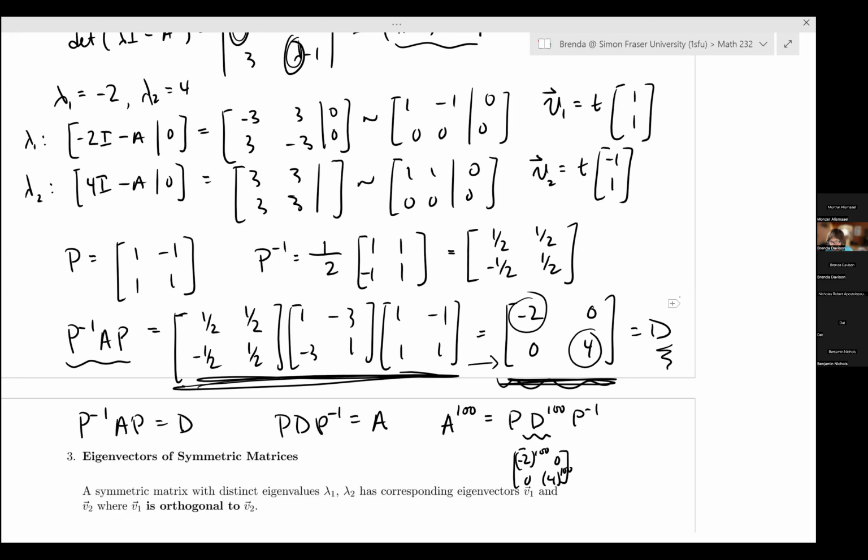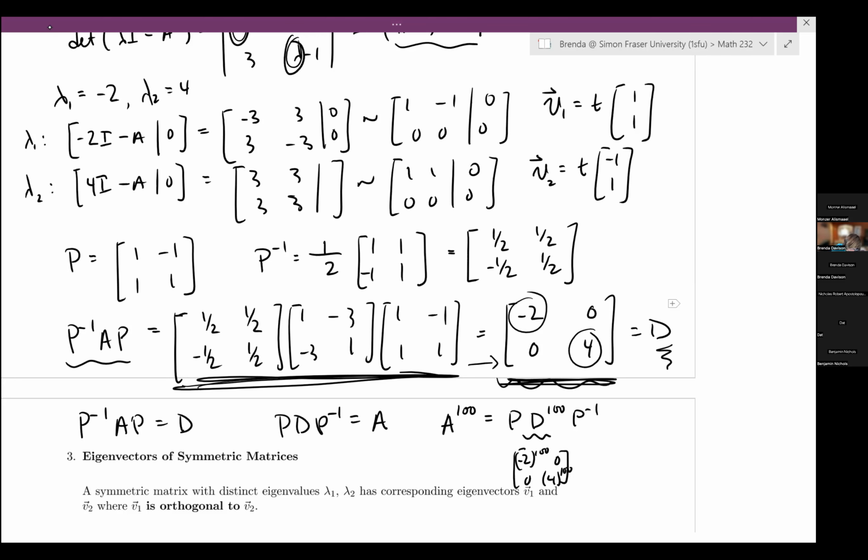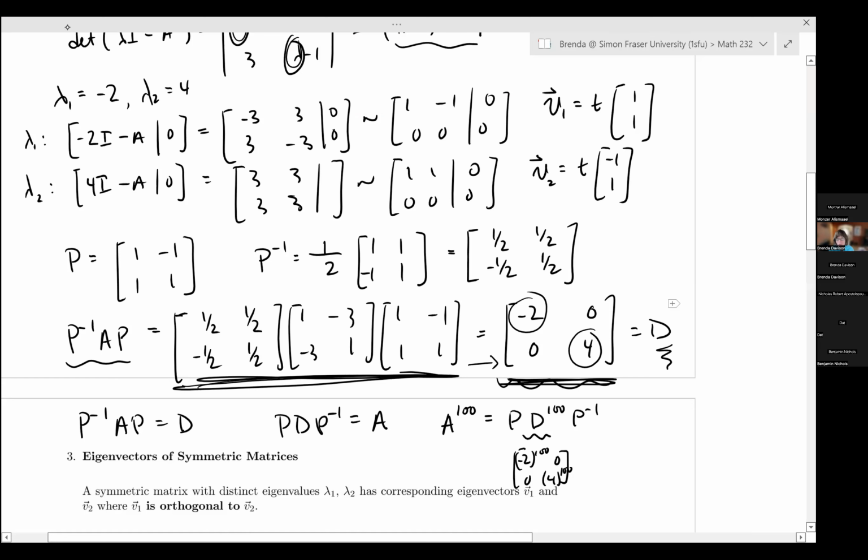The question, Gary, I'll get your question first, and that is, do we need to calculate P if you're asked to find D? Yes, you do. I mean, you do know that D is going to be the eigenvalues, right? But the typical thing would be find the matrix P that diagonalizes A. If you're going to be using this in any way, you know D without even finding the eigenvectors, but you're going to have both of those sitting there.